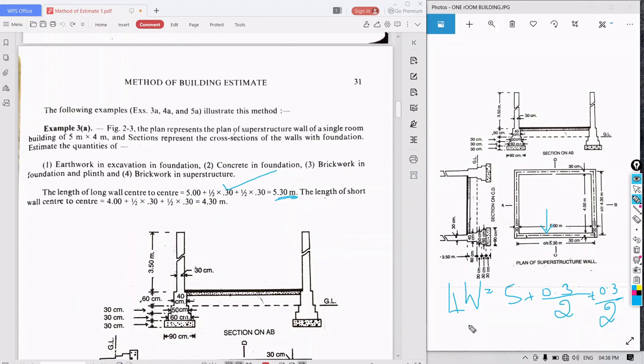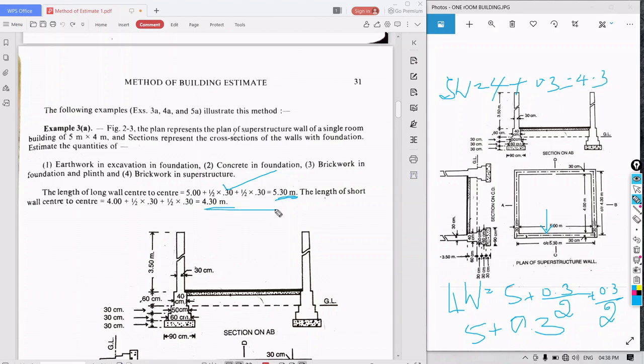What is your answer? 5.30. Or for your understanding, instead of dividing by 2 again and again, you can add only one width, that is 5 plus 0.3, and the answer is 5.30. Similarly for the short wall: 4 plus 0.3 by 2 plus 0.3 by 2, or 4 plus 0.3, which is 4.3.